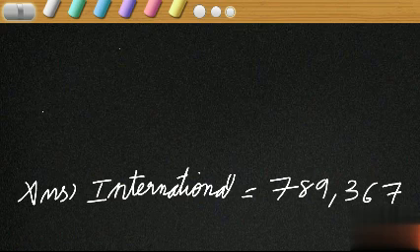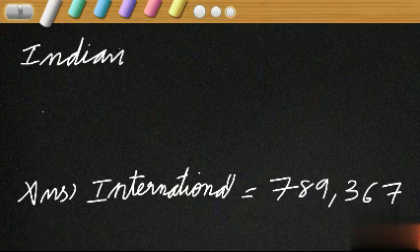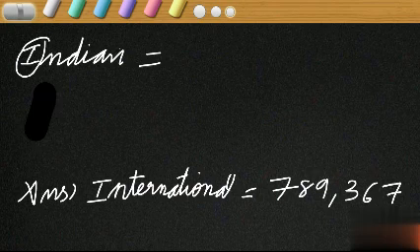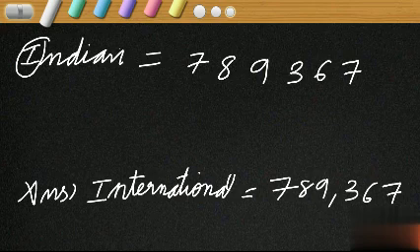Okay, now write Indian system. While writing Indian, international and all, the first letter should be written capital. I, this way also you can write. Okay. What is the number in Indian system? For that, what is the first step? First write without commas, isn't it? So please write 7, 8, 9, 3, 6, 7.